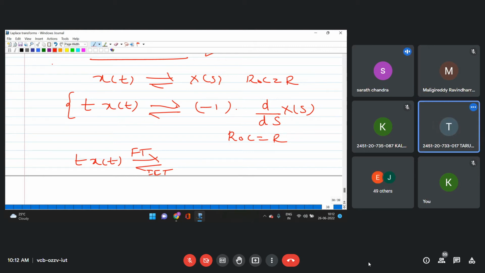Yes: j into d X of omega by d omega. j into d by d omega of X of omega. So what is the difference that you can see here? The only difference is that in place of j omega you have this. Yes, of course we have minus 1 here, right?